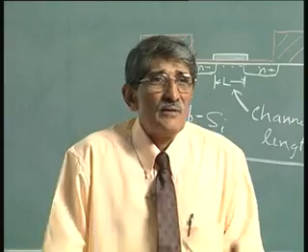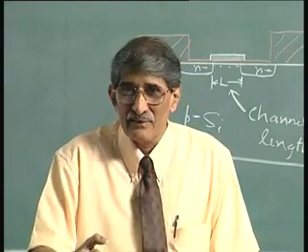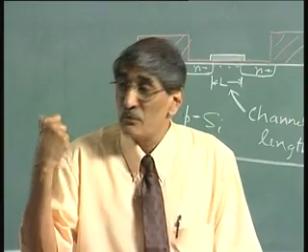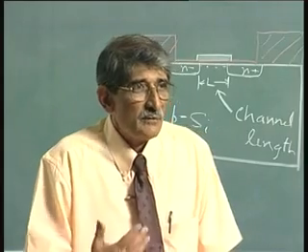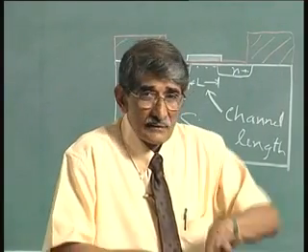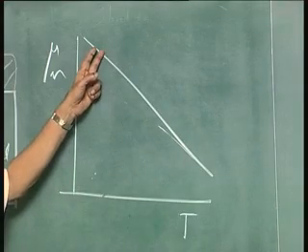Where do you talk of mobility if there are no electrons which are moving? Okay. They are frozen, you freeze them, whereas if you go to materials like gallium arsenide, you will see there is no freezing effect. So, carriers are available, you can separate from the donors and you can go right up to this curve here to get better mobility.